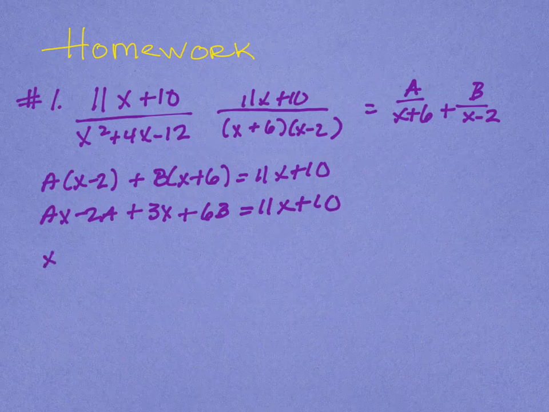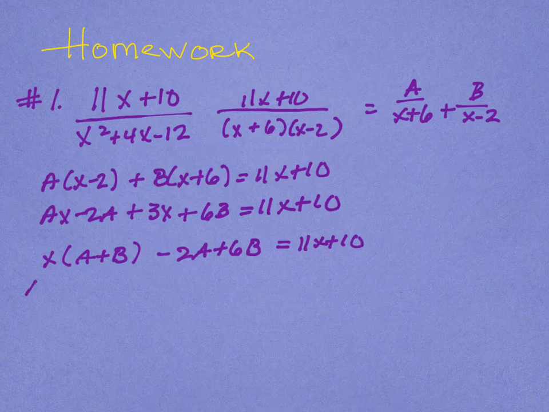So factor out your x and you get a plus b. And then your constants would be minus 2a plus 6b. That's equal to 11x plus 10. So a plus b has to equal 11, and negative 2a plus 6b equals 10.